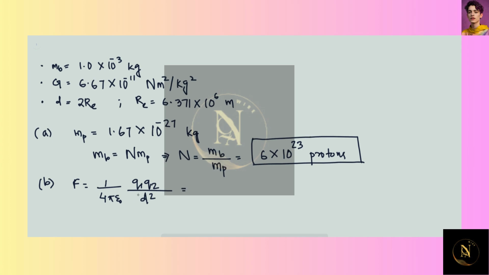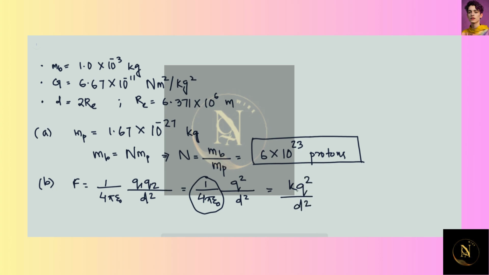And here, since both the charges are equal, because they have the same number of protons, this will be equal to q square, where q is the amount of charge in each bag, over d square. And let's write this factor 1 over 4 pi epsilon naught as k. So this is equal to kq square over d square.